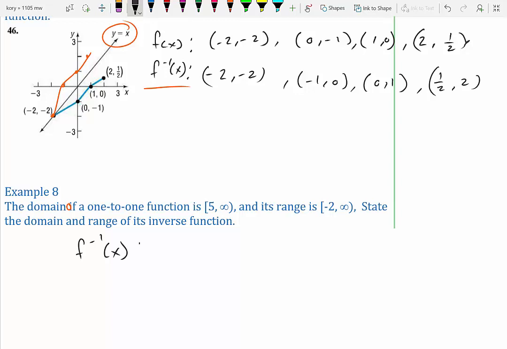So the domain would be negative 2 to infinity, and the range would be 5 to infinity. Yeah, that's it. Done. This question is just testing, do you know the concept of what an inverse function is? It's just switching the x's and the y's.